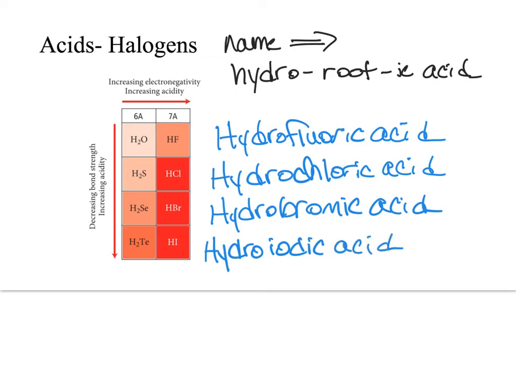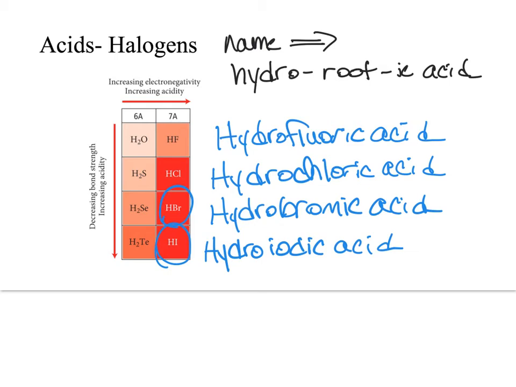So looking at this chart, as we move down the chart, the hydroiodic, hydrobromic, the acids become stronger.